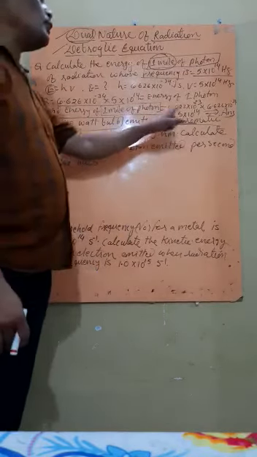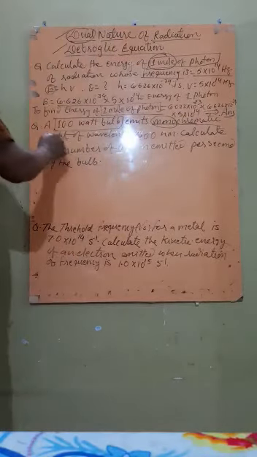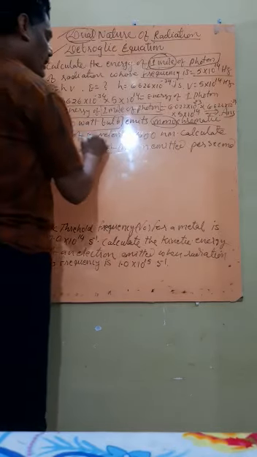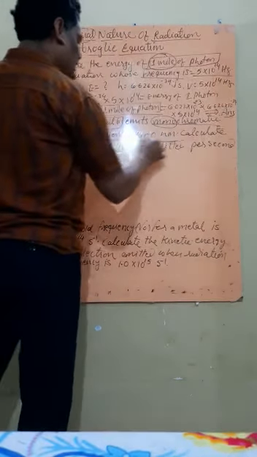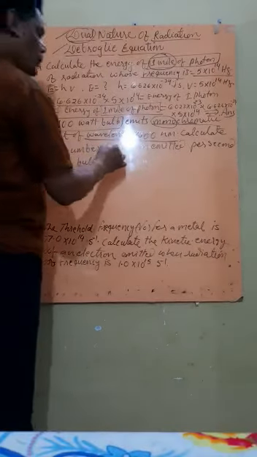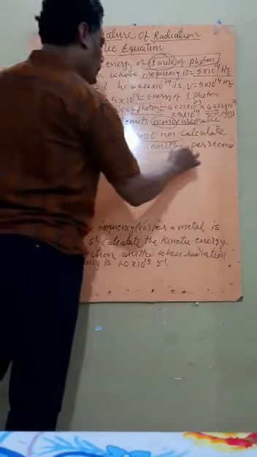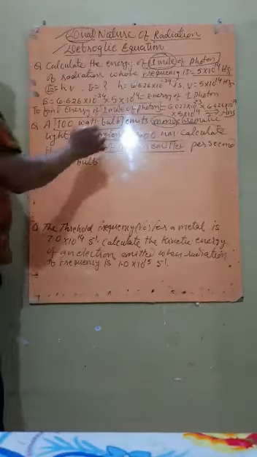This is called a monochromatic bulb, having single color light, and the wavelength of this radiation is 400 nanometer. Now calculate the number of photons emitted per second by the bulb. Getting?